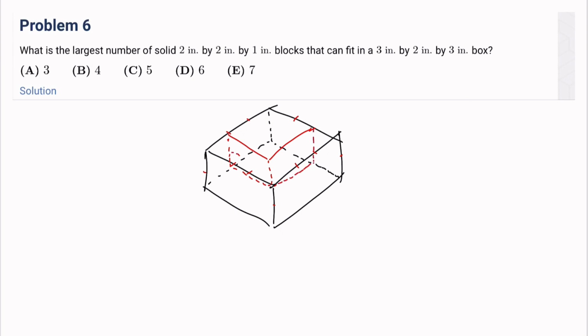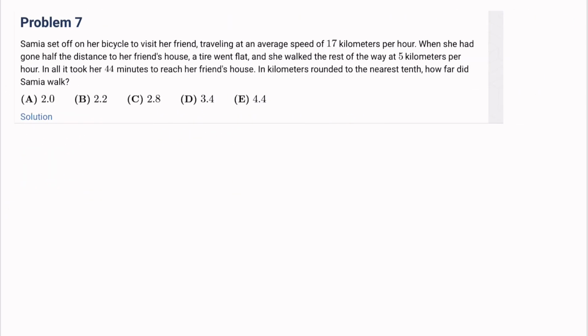And right here on the side we can have 1 more box like that, and 1 more box like that. So that will be 2 more boxes, so plus 2 equals 4. The answer is B.